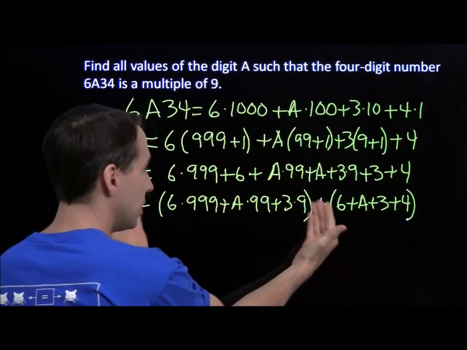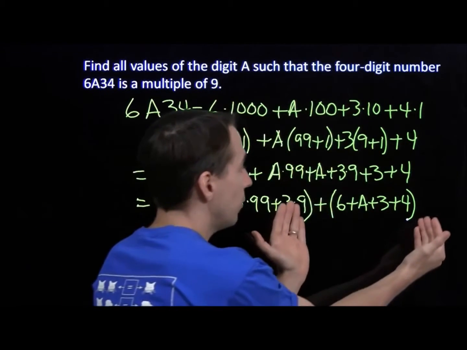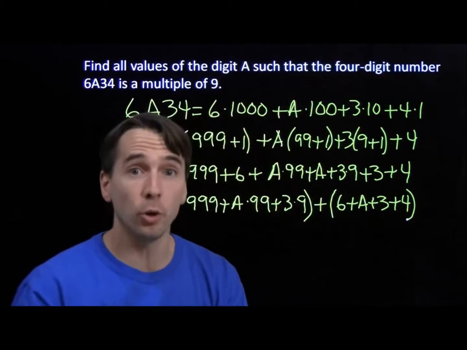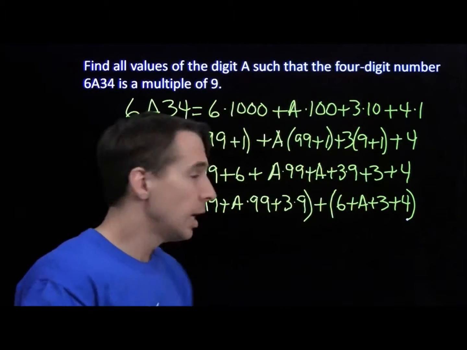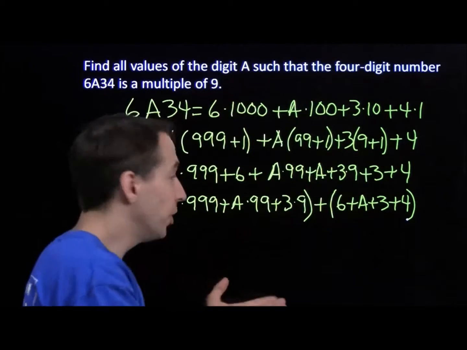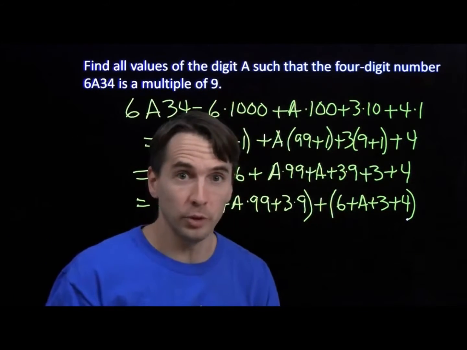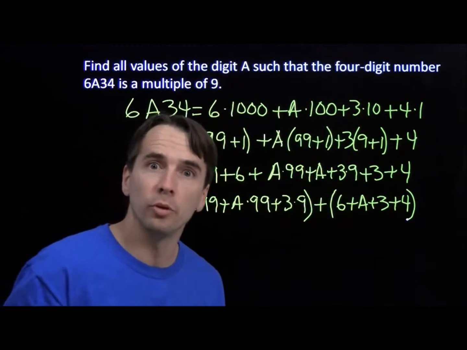Now, we know this is a multiple of 9. So if this, the sum of the digits, is also a multiple of 9, then we know the original number is a multiple of 9. And because we already know this is a multiple of 9, if this sum is not a multiple of 9, then the original number is not a multiple of 9.